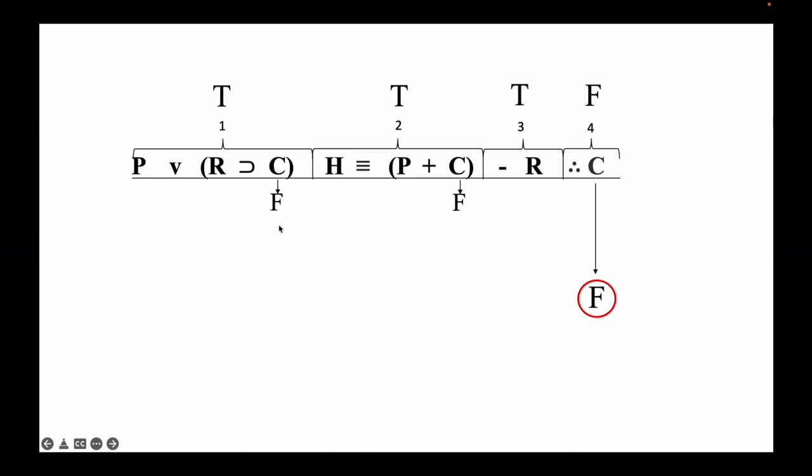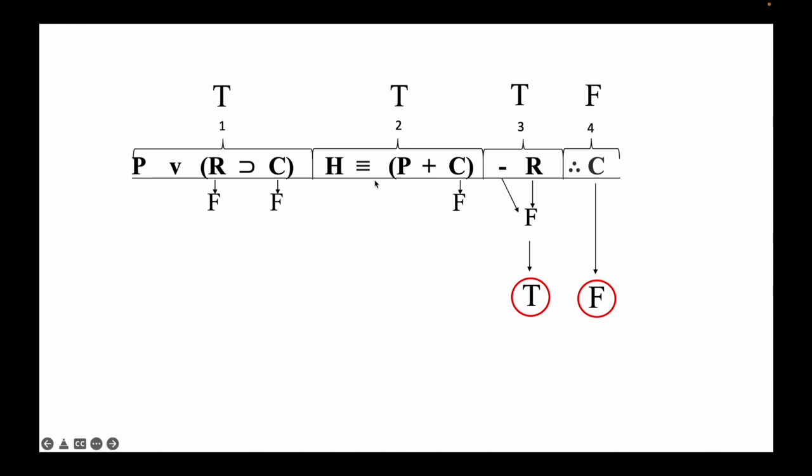I forgot that. False and false. Okay, so now back to R. R must be false because its negation renders it true. Okay, so now I know that R is false. Wonderful.